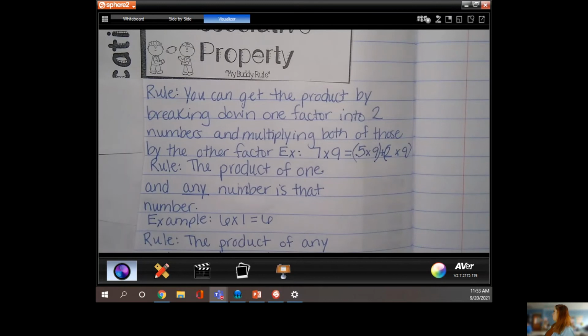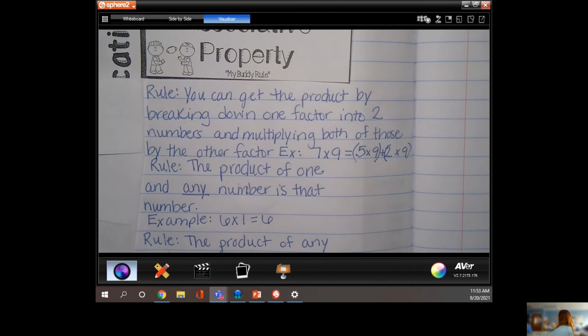Why would you want to do that, though? Why would you make 2 problems instead of 1, Abby? It might be easier to multiply. So if you're thinking about a bigger number such as 13, so say it was 13 times 9. Well, maybe we don't know 13 times 9 in our head, but do you know 10 times 9?